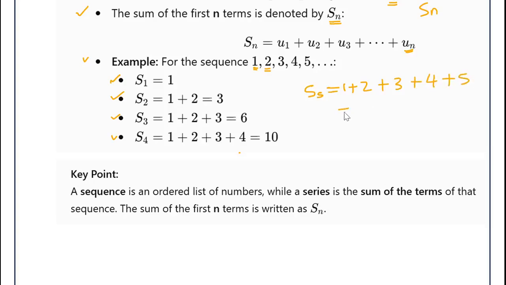And then you add them, and that gives us 15. That would be the sum of the first 5 terms, which this example has not quoted. So the key thing is that keep in mind that Sn is the sum of the first n terms, and n varies depending on the number of terms that you like to consider.